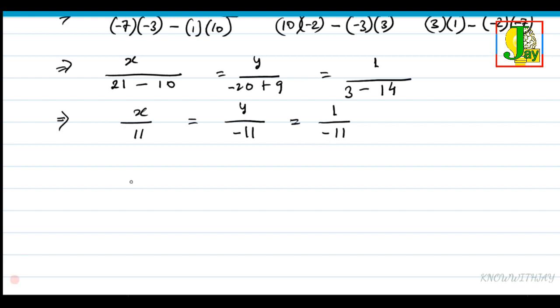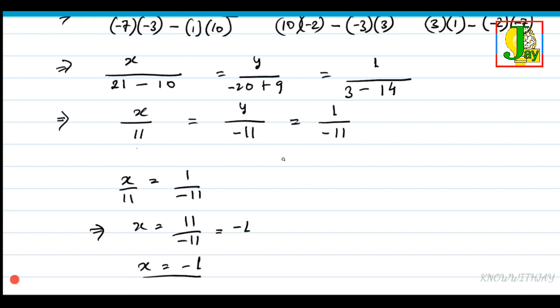Okay, so now we choose the first and third to find x. x by 11 equals to 1 by minus 11. That's x equals to 11 by minus 11 and minus 1. So x equals to minus 1.